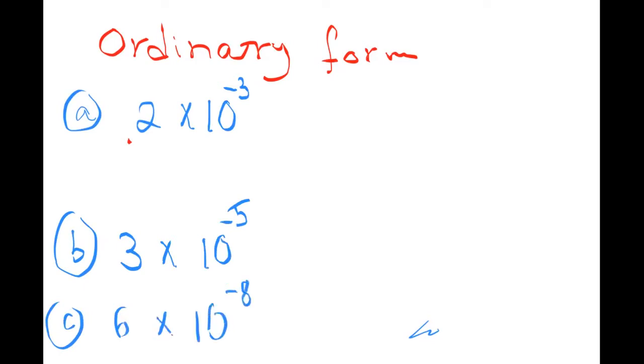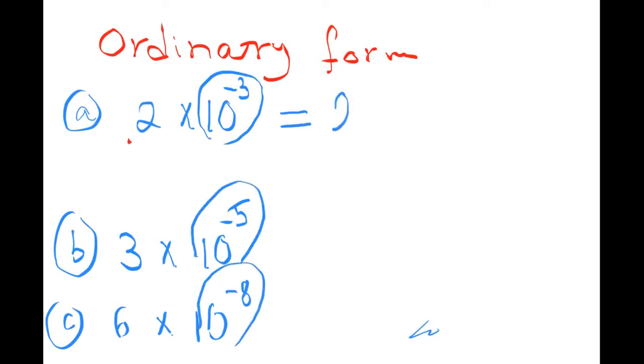If I ask you to write it in an ordinary form, this means I have to make this as divide, and that as divide, and this as divide. So 2 divided by 1 and 3 zeros.